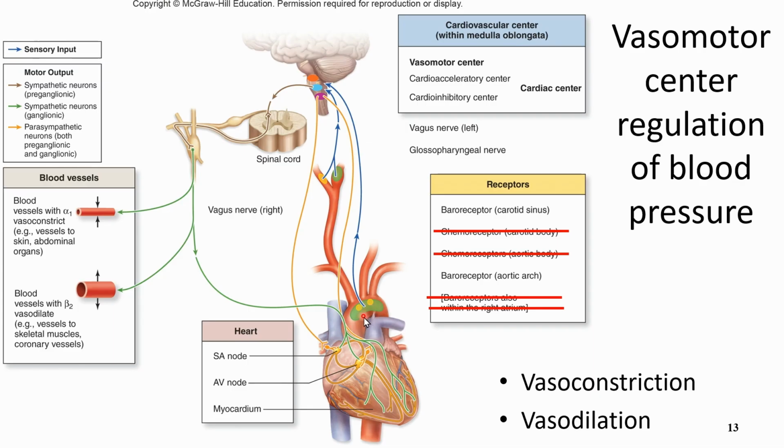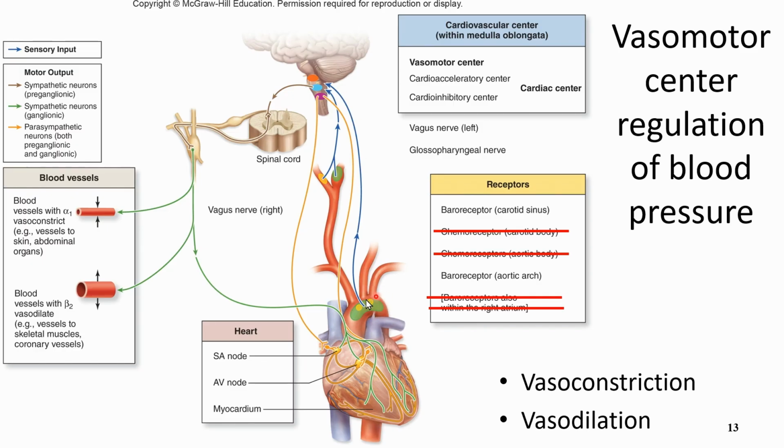So, like any reflex, you send nerve impulses to the medulla. And how does the medulla know if it's an increase or a decrease? That's an interesting question, because a nerve will carry the same message. It's all electrical activity.